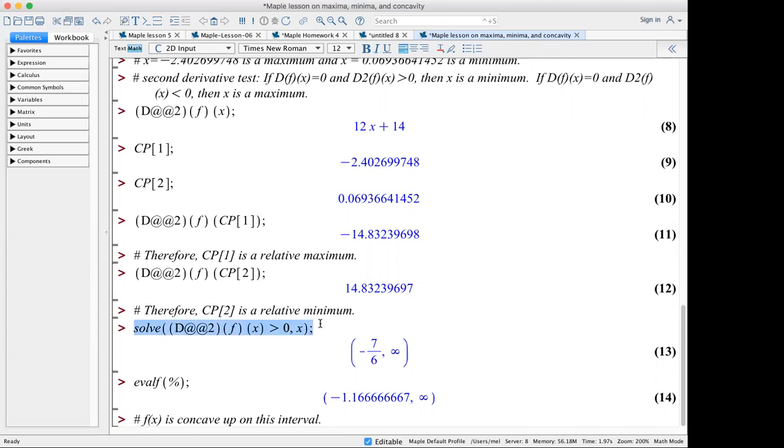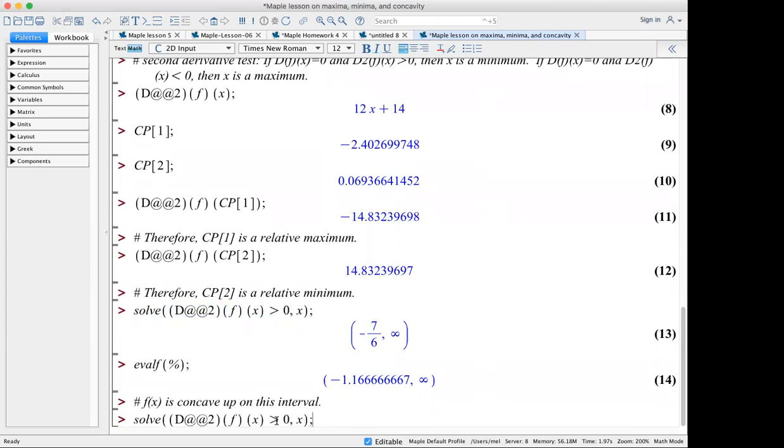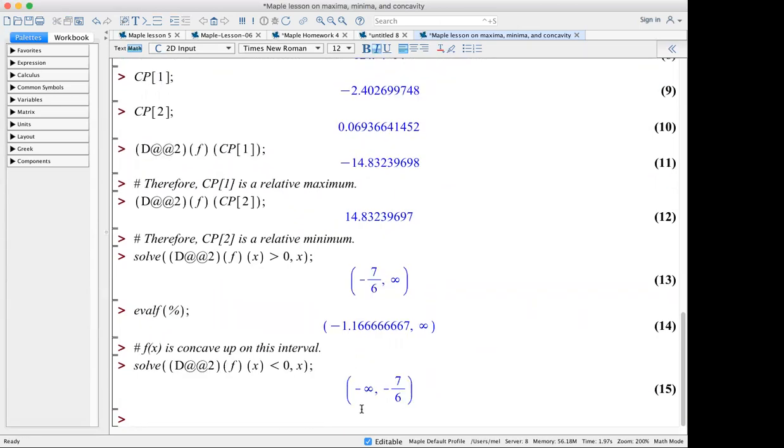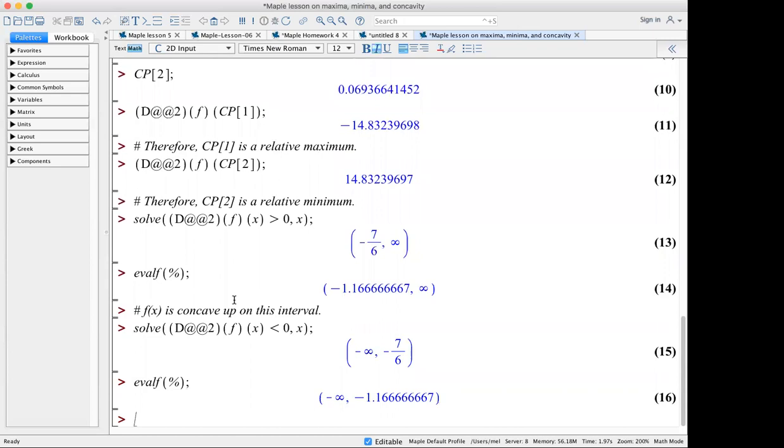Where is the second derivative negative? There. So f of x is concave down on this interval.